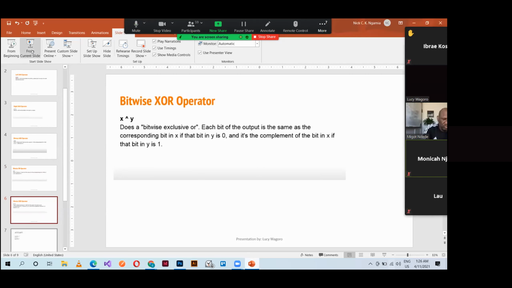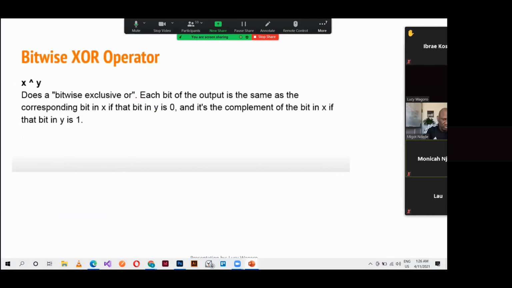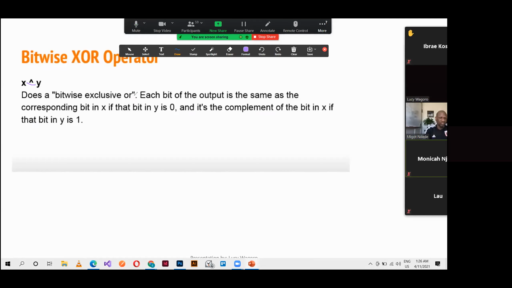The next is the bitwise XOR operator. This is the symbol that we use for the same, this one here. It does a bitwise exclusive OR.